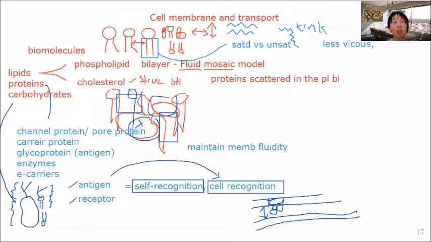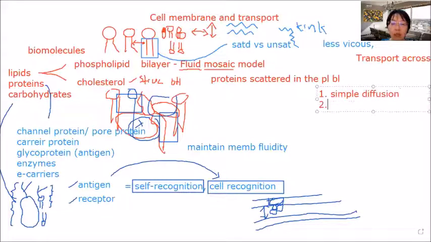So this is the first part, all about biomolecules. The second part of this chapter, we learn about transport across membrane. Under transport across membrane, there are a few mechanisms that you learn. The first one is simple diffusion. Then you've got facilitated diffusion.